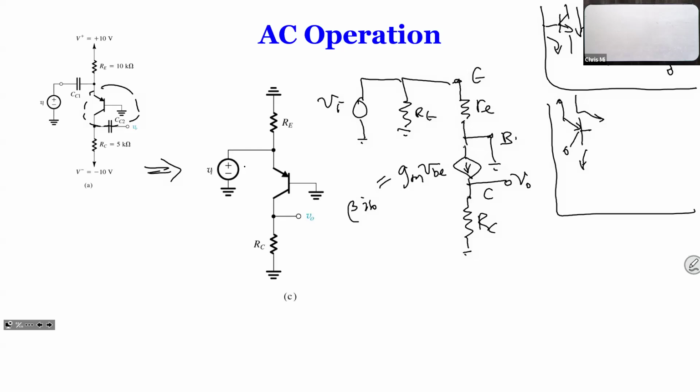Because if they're all in parallel, they all share the same voltage. You just switch out VB for VI, and then the voltage at VO is just that times the RC. Oh, you can do that? Well, okay, also it's not VBE, it's VEB. Yeah, VEB, right. This is switched because it's N type.